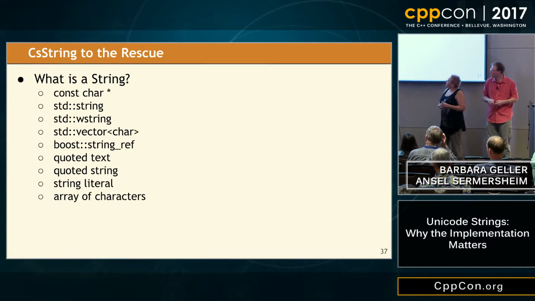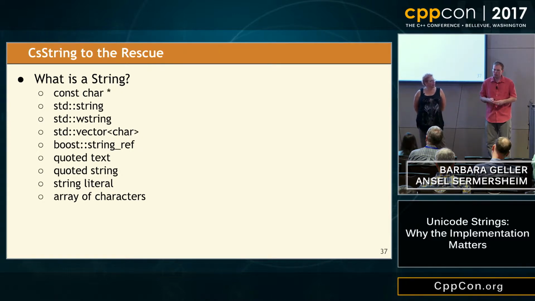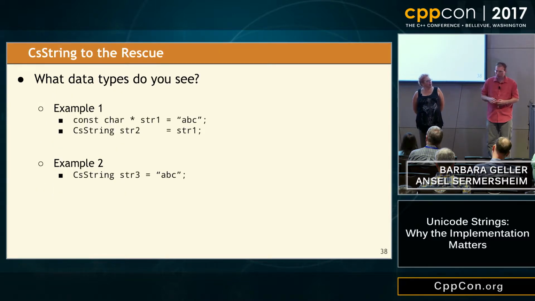And these were some of the ideas we came up with of what a string is, which is why this topic became so interesting to us, and it actually becomes very complicated because all of these do satisfy the definition of what a string is. But how do you handle each one of them? And it's really important to understand the distinction between a few of these that we'll start looking at here.